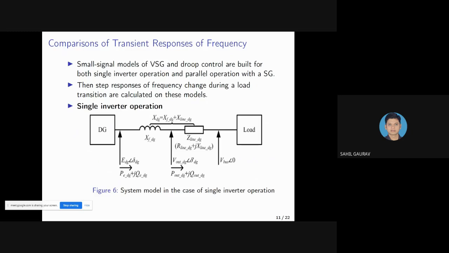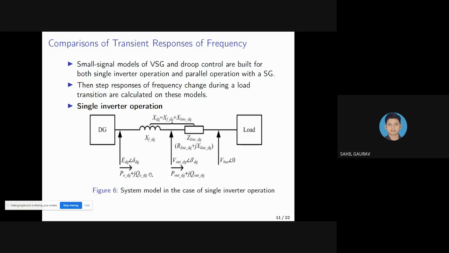First, we see the single inverter operation, and here we can see the system model in the case of single inverter operation, given by figure number 6. Here you can see the distributed generator, and the output voltage of the DG inverter is considered as E_DG at the angle of delta_DG, and the power from the DG inverter is P_EDG plus jQ_EDG.